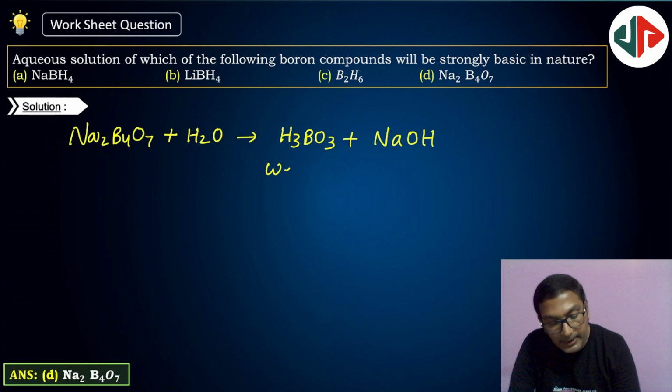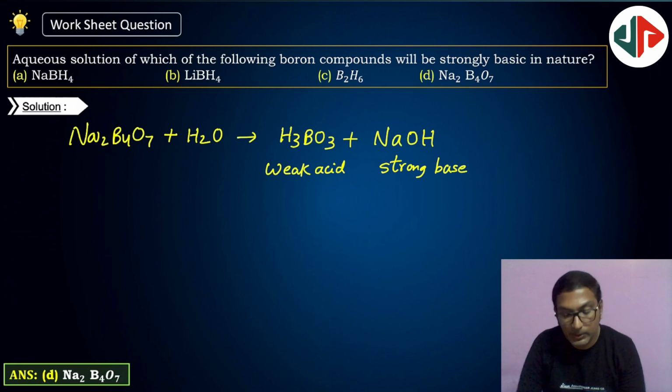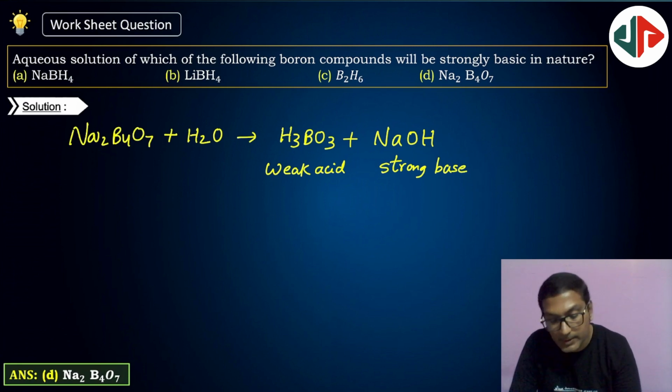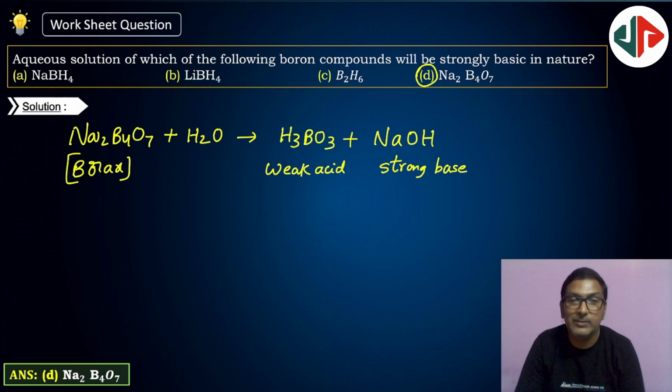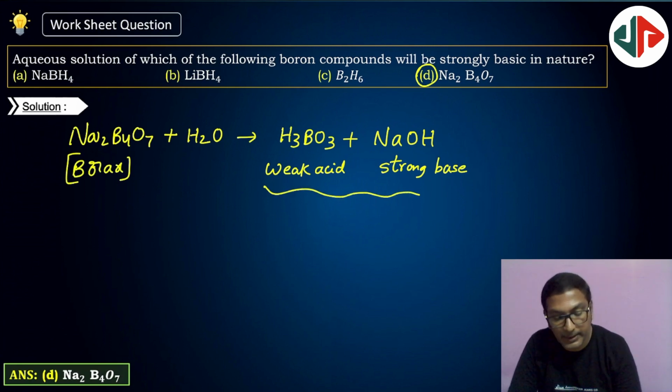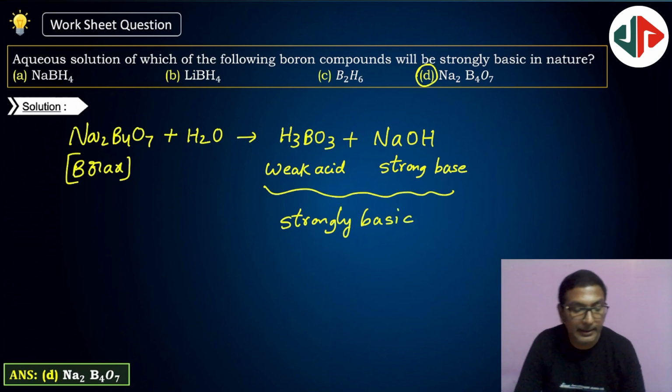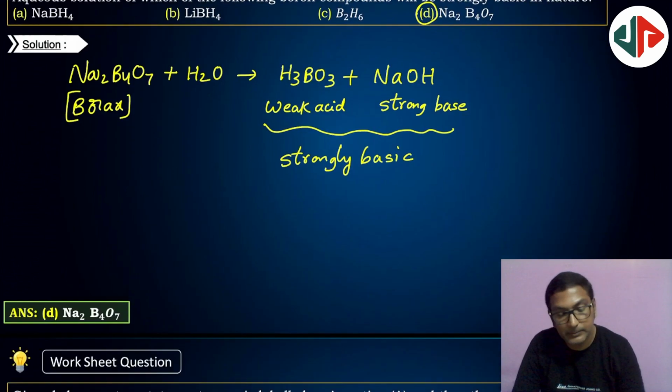Next, this is weak acid, boric acid, and this will be strong base. So strongly basic means due to NaOH, strongly basic. Therefore, option D. So this one, borax. Borax on reaction with water can produce weak acid and strong base. Therefore, solution will be strongly basic or alkaline in nature. Therefore, option D. Next one.